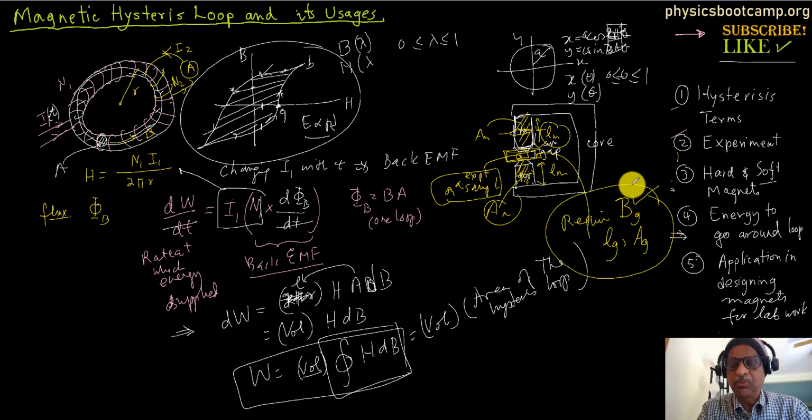So this is your requirement. How do you decide what kind of magnet you need given the hysteresis loop of the material? This hysteresis loop will vary from material to material.